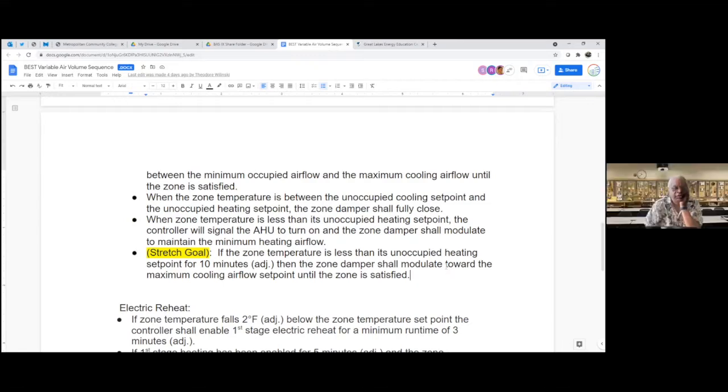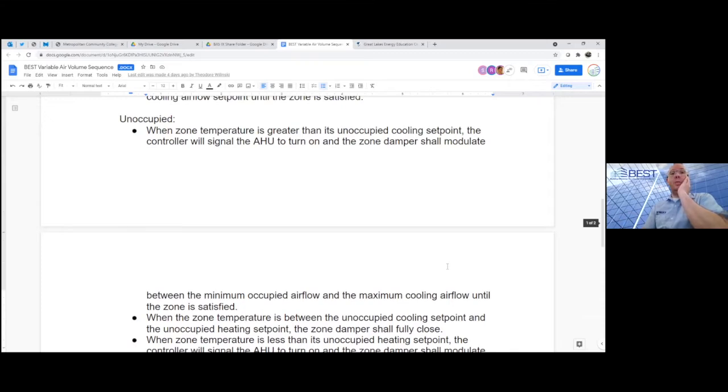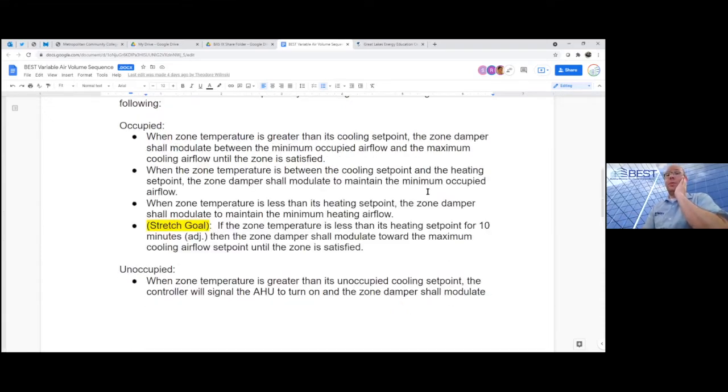So Robert, you might want to talk a bit about why you don't fully close the damper when it's occupied. Right. Thank you, Hedley. The reason we don't close our damper fully, why we have that minimum airflow set point during occupied modes, is because we're assuming we have people in our space, in our zone.